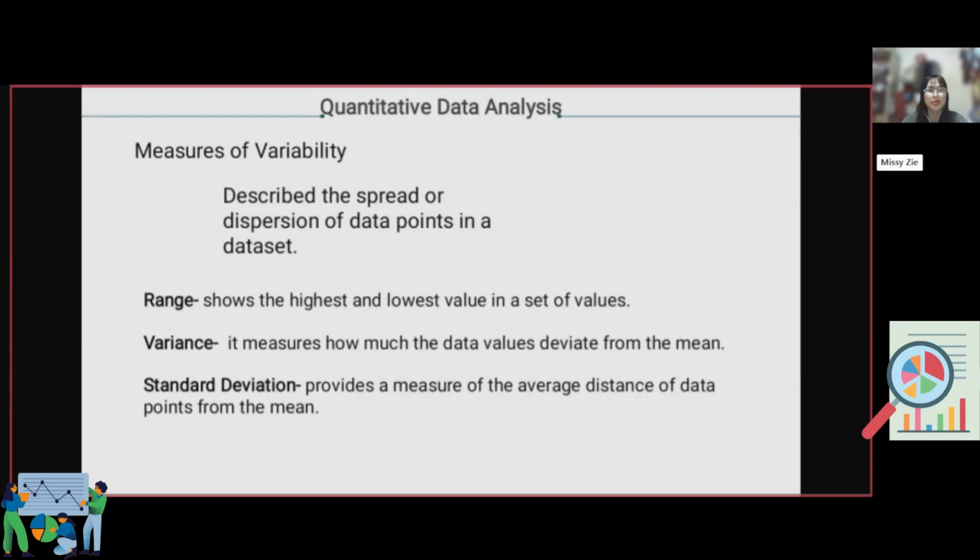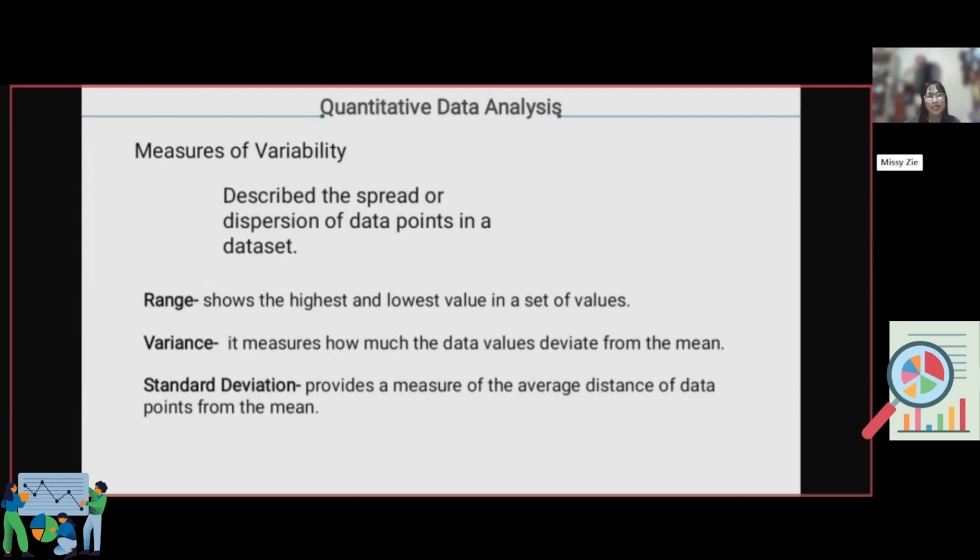Now let's proceed to the second one, the measures of variability. It describes the spread or dispersion of data points in a data set. The common measures of variability include the range, the variance, and also the standard deviation. The range shows the highest and lowest value in a set of values.